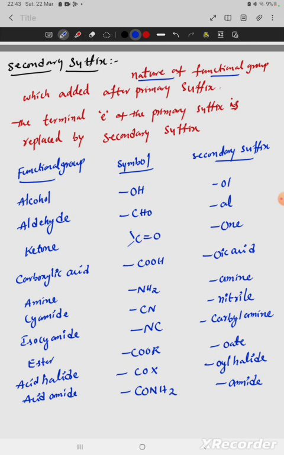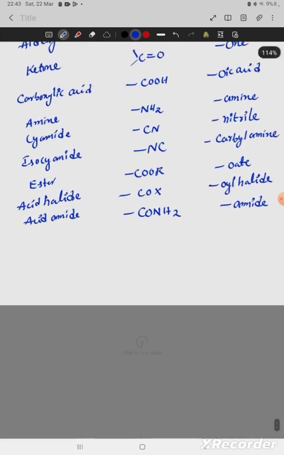Next one is prefix. There are again two types: primary prefix and secondary prefix.